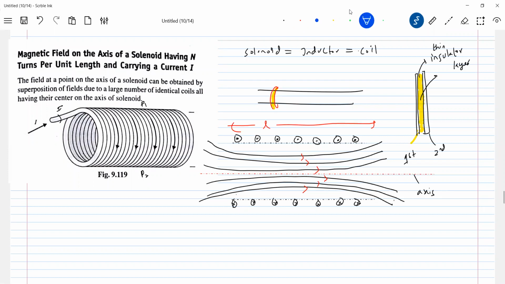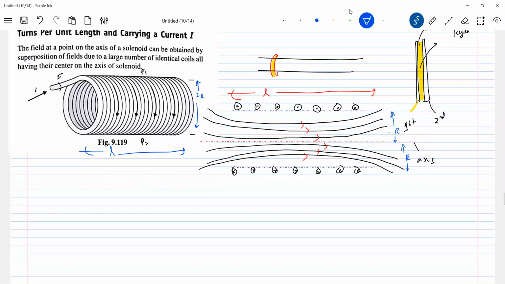Then we define a radius. This is called the radius of the solenoid, R. So it has a radius R and a physical length l.